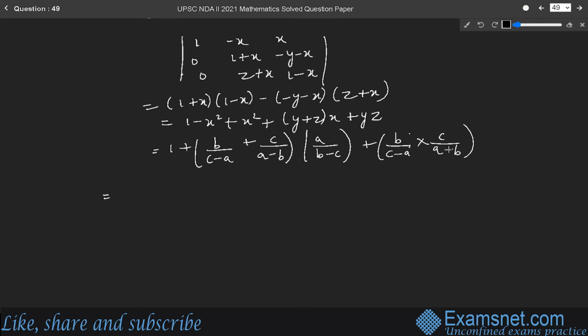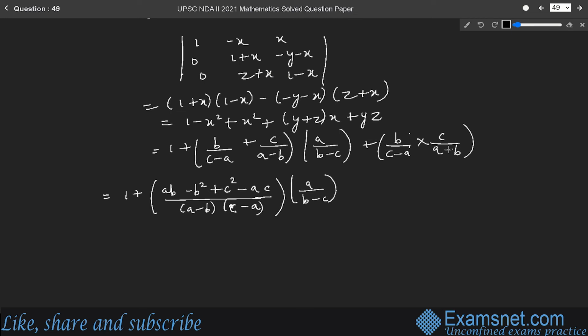So on further solving it will be 1 plus ab minus b square plus c square minus ac upon a minus b into c minus a into a upon b minus c plus bc upon c minus a into a minus b.